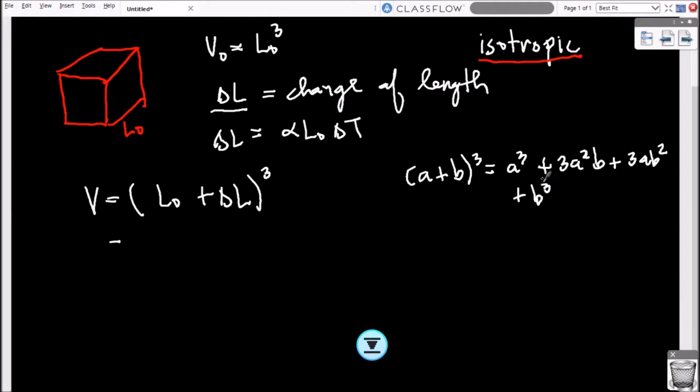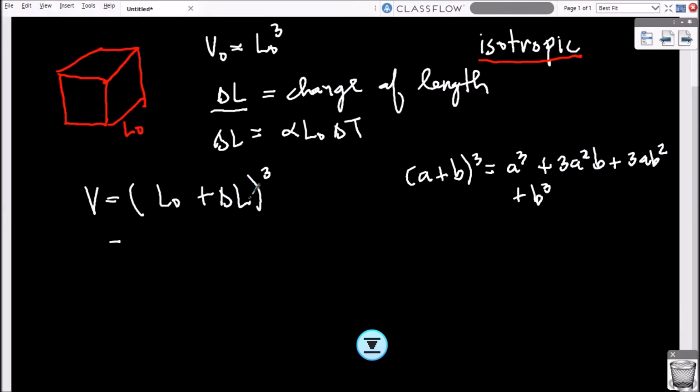Right? Because remember this in your basic algebra. The cube of a binomial, an algebraic expression with two terms, so it's A plus B. So A plus B cube is A cube plus 3A squared B plus 3AB squared plus B cube. So here, we're going to compare L of O plus delta L to A plus B. L of O is A and delta L is B.